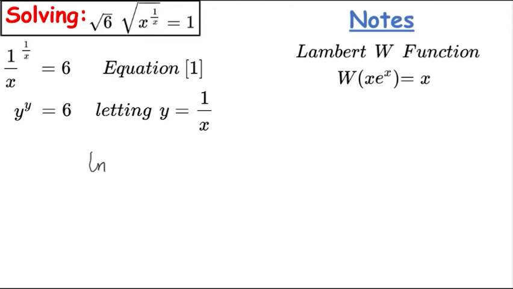So we'll have ln of y to the power of y is equal to the ln of 6. Now we're going to apply the indices rule where we can bring the exponent to the front as a coefficient, and we will get y ln y is equal to ln 6.